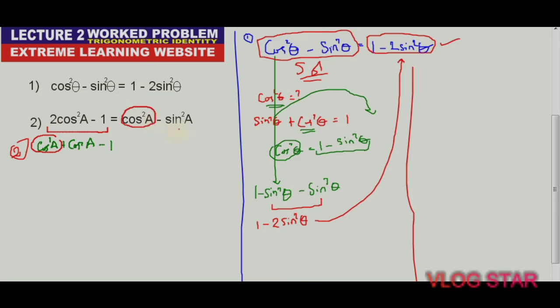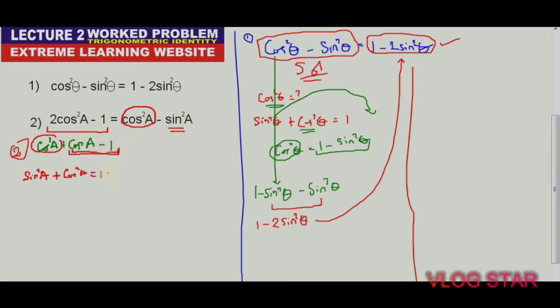So the next thing is, how do I now get my sine square a? I'm going to get sine square a working these 2 things out. Just look at it. There is a trig identity again. I said that sine square a plus cos square a is equal to 1. Now what is this cos square a minus 1? Cos square a minus 1 is what we're looking for.